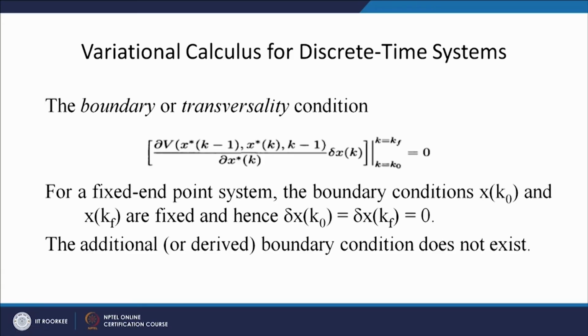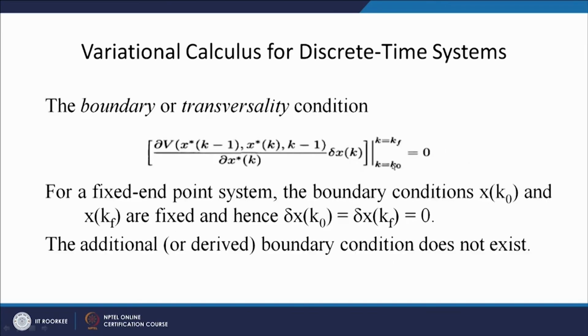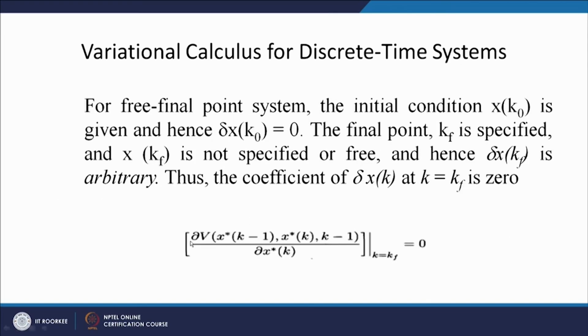In the normal case, delta x of k 0 is given as fixed, so it will be 0, but normally delta x k f is free. If k f is free, then delta x k f will not be 0. So that part will be 0, but my boundary condition will be del v at x star of k minus 1, x star of k minus 1, by delta x k at k equal to k f, and this condition will be 0.